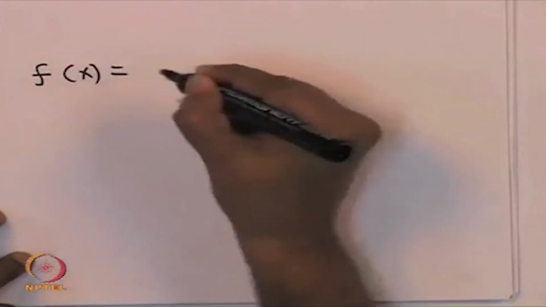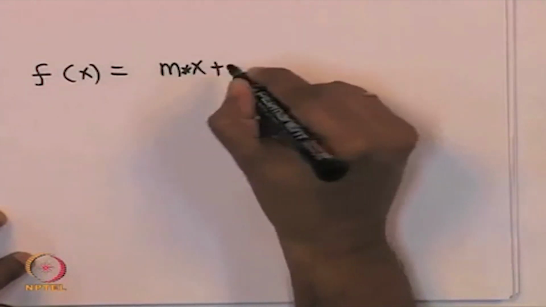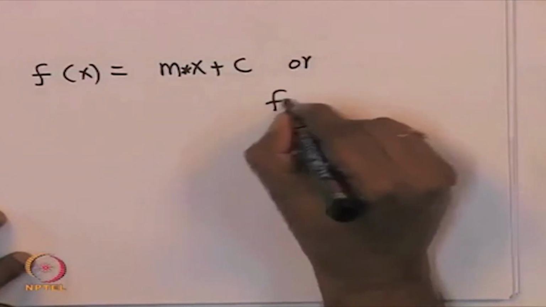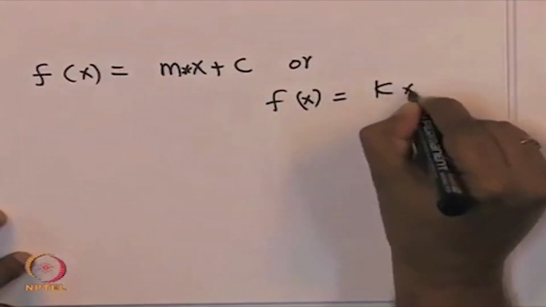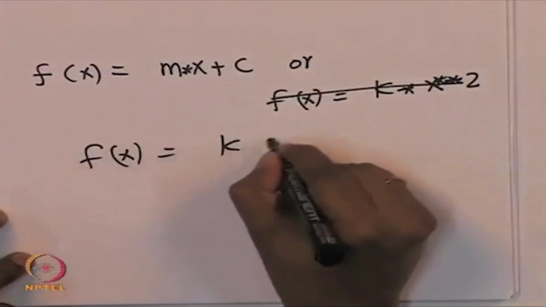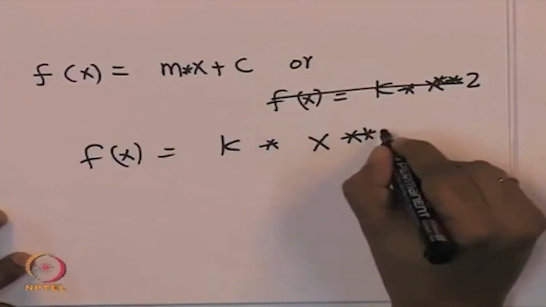What we saw is how to fit a function. Let me quickly write here: to fit, you have to have a data file and a function. The command is first you define f of x, for example, equal to whatever function you want, either m star x plus c, or f of x is equal to k star x double star 2, which means k x square.